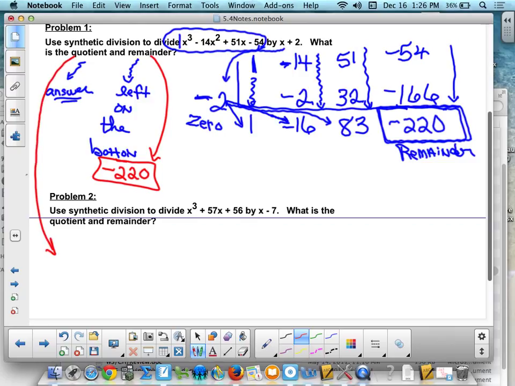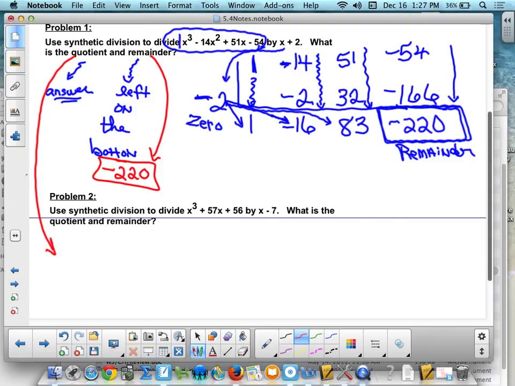What's the quotient? I got to come down here. Well, the quotient is right in front of you, except it doesn't have any x's in it. You see this number right here? That number is called your constant. 83 is your constant. This is the coefficient in front of what term? X. This is the coefficient in front of x squared.